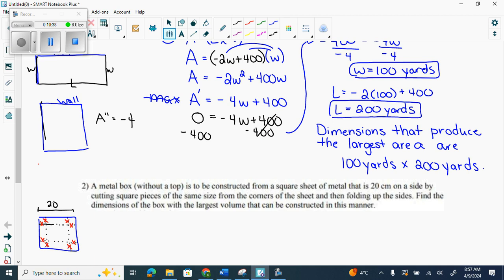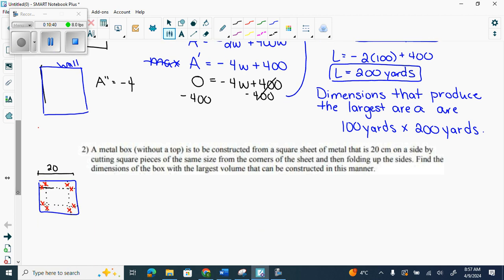So we know that our width would equal what? What would the width of this box be? 20 minus 2x. And the length? 20 minus 2x. And the height? X.